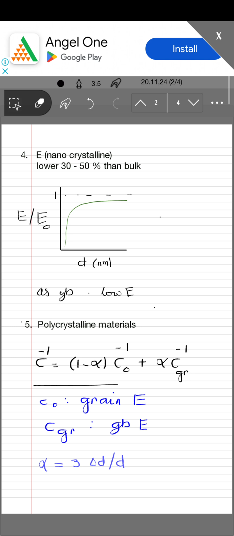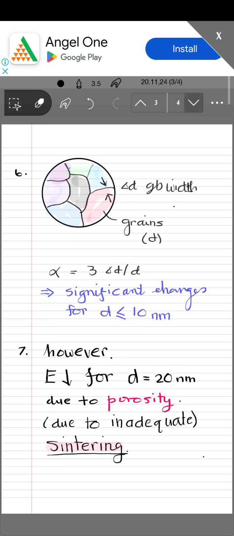So this is the expression to get the overall elastic modulus. Now, if we analyze this consideration, what we can see is that this is the dimension of the grains, and these are the grain boundaries.